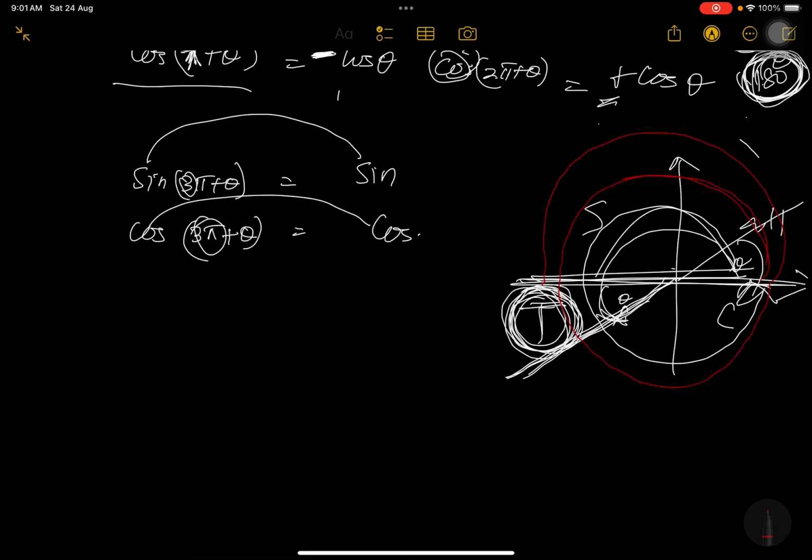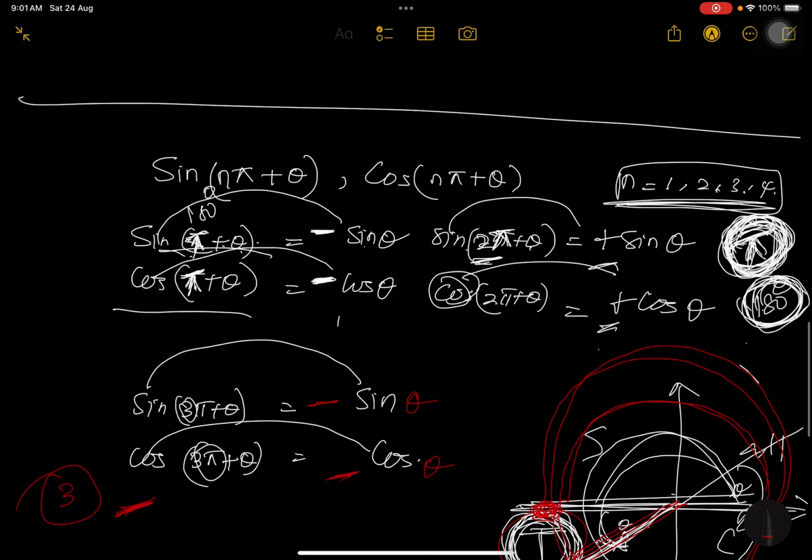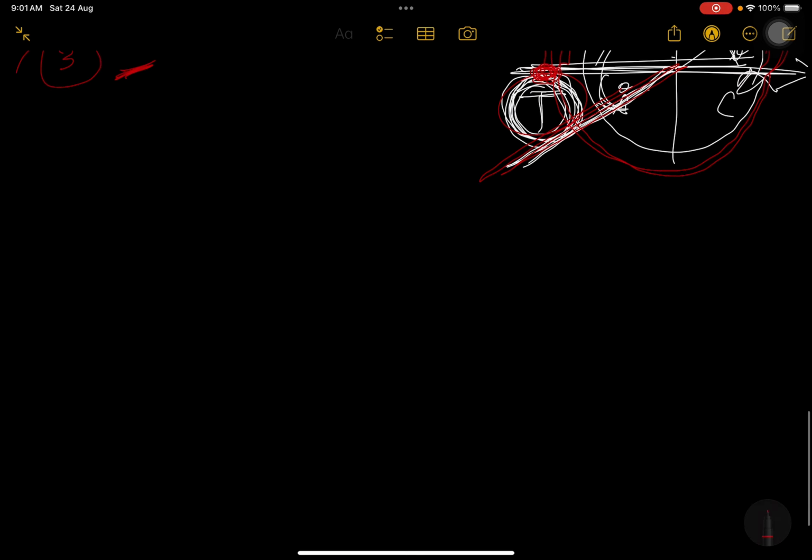It means 180, another 180, another 180. So 3 pi is at this point, and this is again the third quadrant of the circle. So only the tan value is positive, so all of these will be negative numbers.